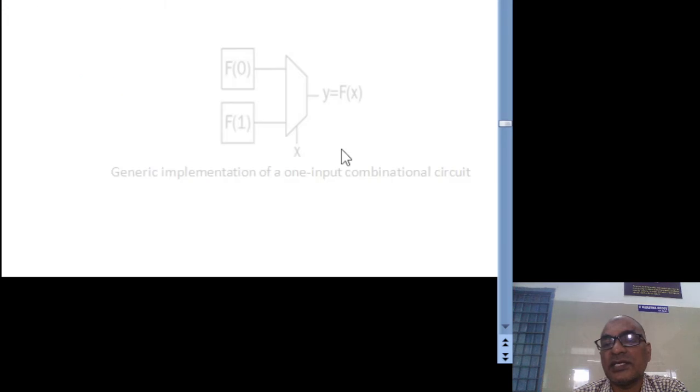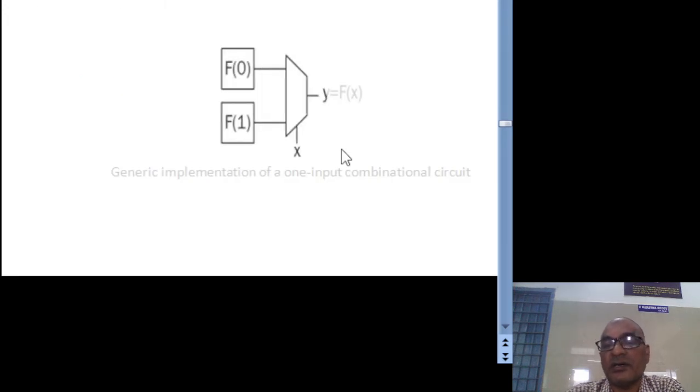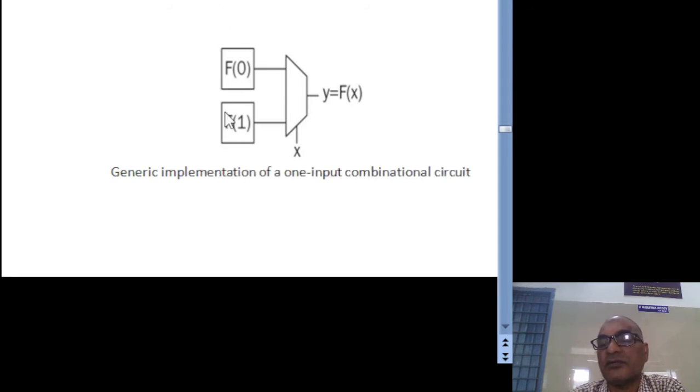Let us see the generic structure of that diagram, that is this one. This is the RAM: the first block of the RAM holds the f of 0 result, the second block holds the f of 1 result. These two act as inputs for the 2x1 multiplexer.